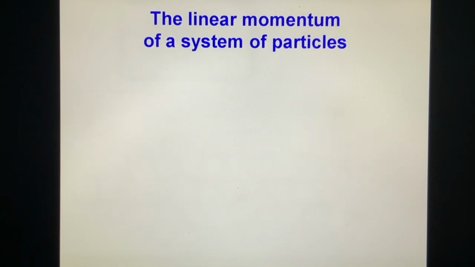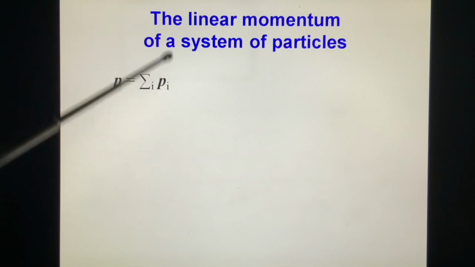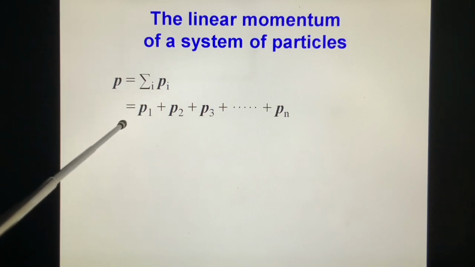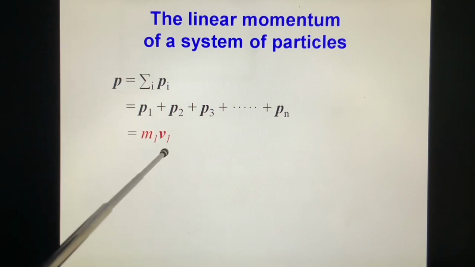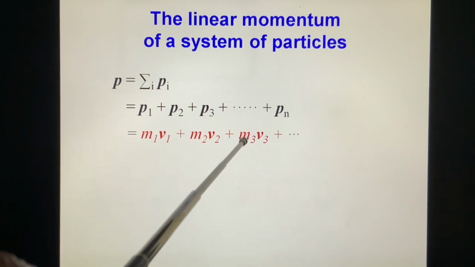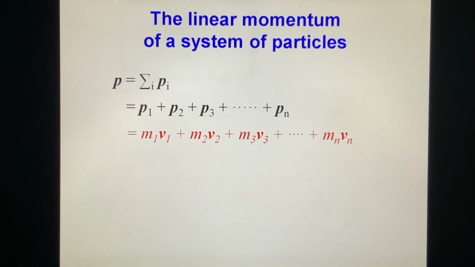The linear momentum of a system of particles is P equals the sum of the p_i, for particles 1, 2, 3, 4, 5. Then we write it down: p1 is m1v1, p2 is m2v2, p3 is m3v3, by definition.